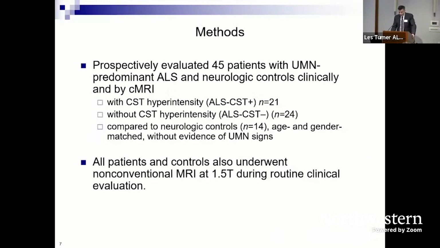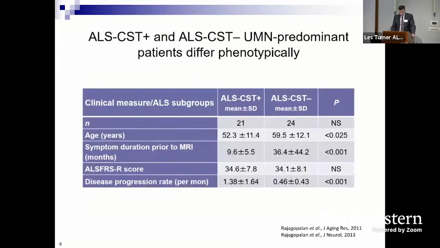We therefore prospectively evaluated 45 patients with upper motor neuron predominant ALS who by conventional MRI either showed CST hyperintensity, whom I'll refer to as ALS CST plus, or did not show it, whom I'll refer to as ALS CST minus. After clinical evaluations and additional specialized MRI analyses, we found interesting differences between the 2 subgroups.